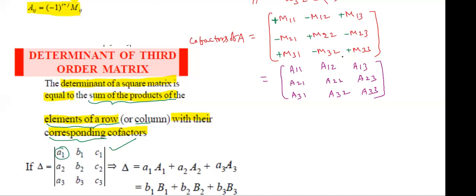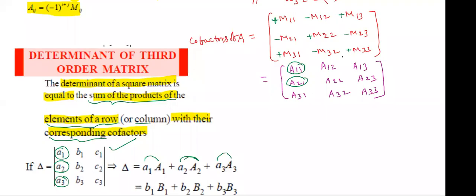Small a1, cofactor capital A1, or not? a1 into A1 plus a2, cofactor capital A2, plus a3, cofactor capital A3. They are column elements. You can take a row also.